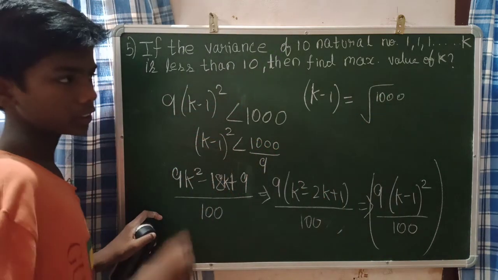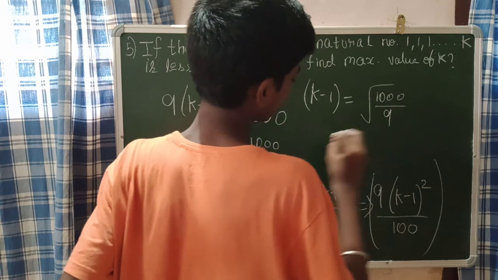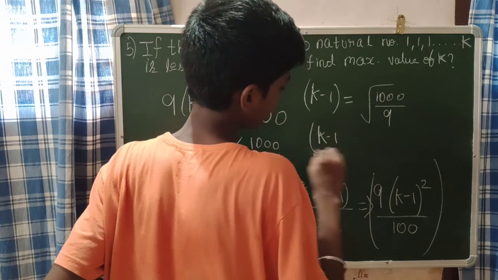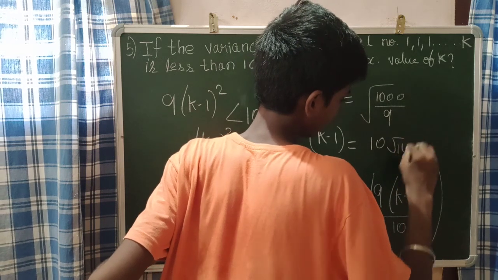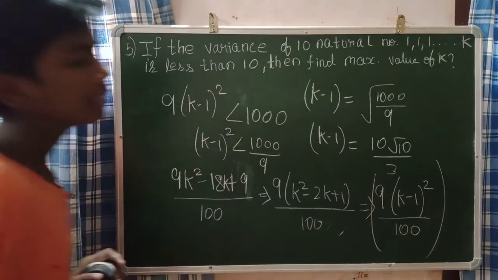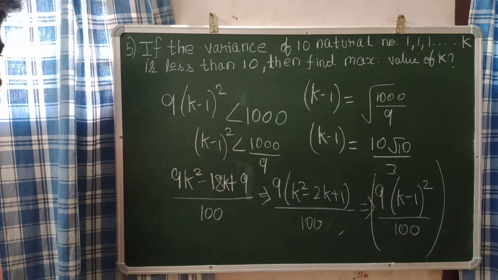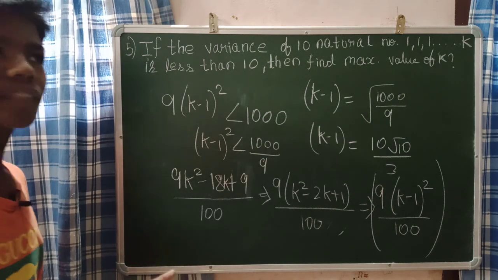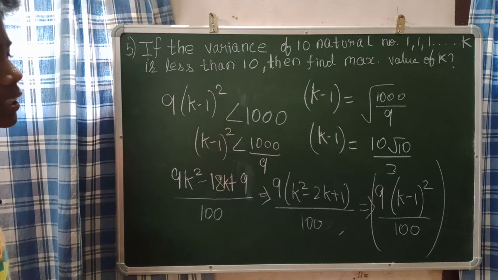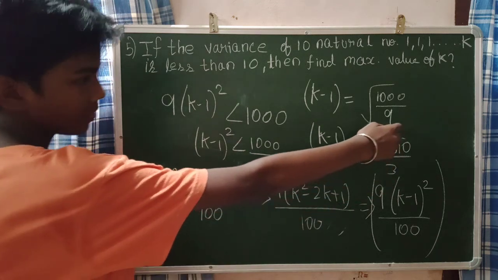You need to just solve this. This will be nothing but 10 root 10 by 3, because root of 1000 is root of 100 into 10. Root of 100 is 10, so I took it outside. So 10 root 10 divided by 3, because root of 9 is 3.